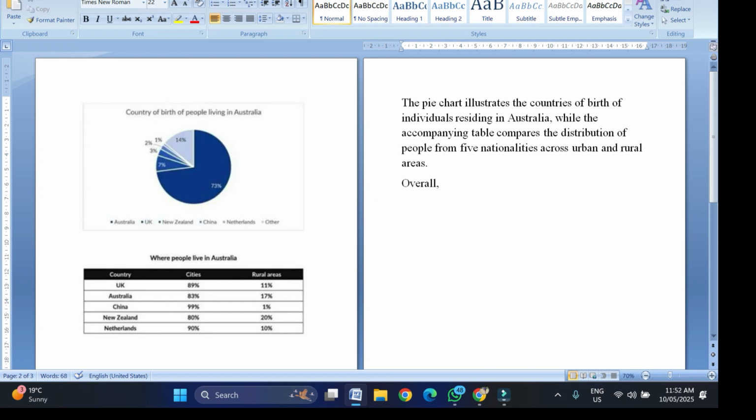Overall, what's going on? You can see Australia's population is the highest point, right?